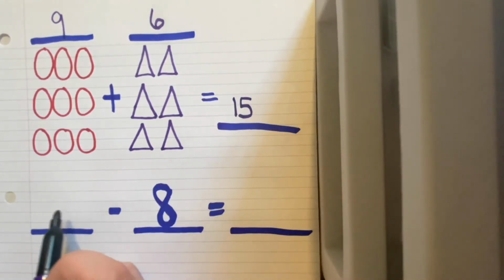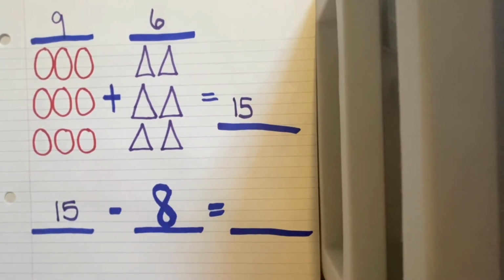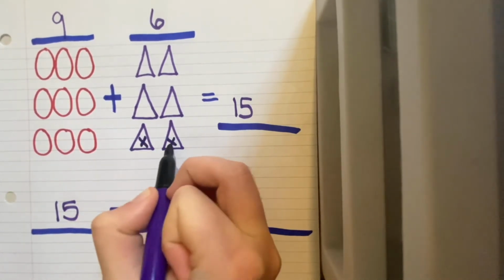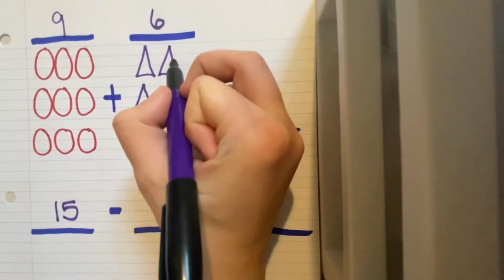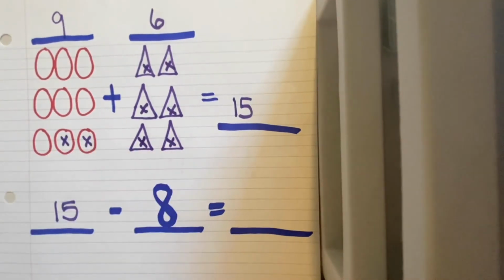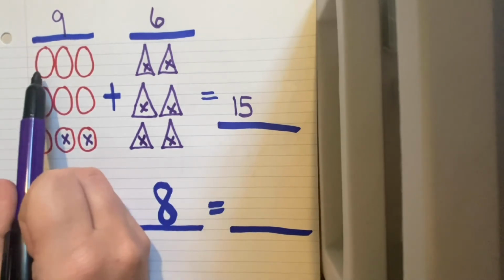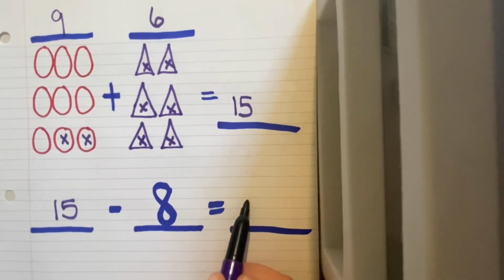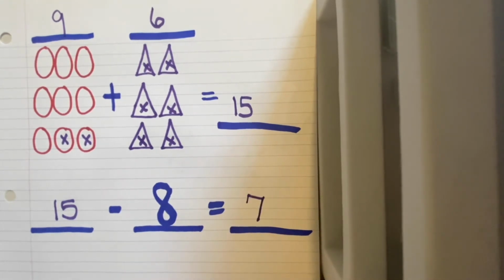We have 15 all together. We're going to be taking away 8. If we take away 8, 1, 2, 3, 4, 5, 6, 7, 8. Now let's count what we have left. 1, 2, 3, 4, 5, 6, 7. 15 minus 8 equals 7.